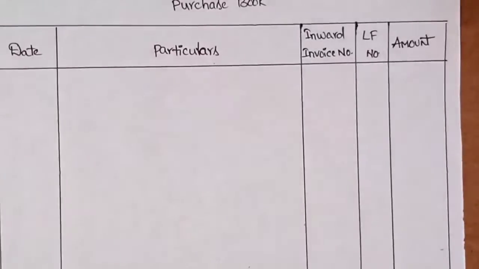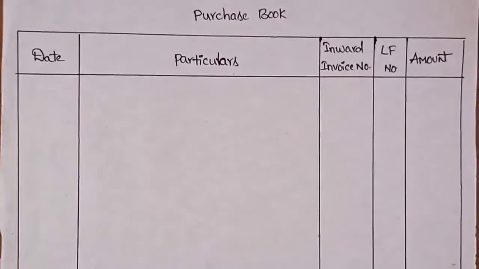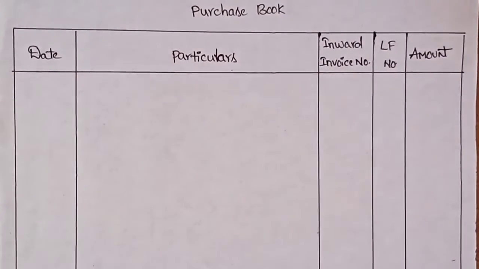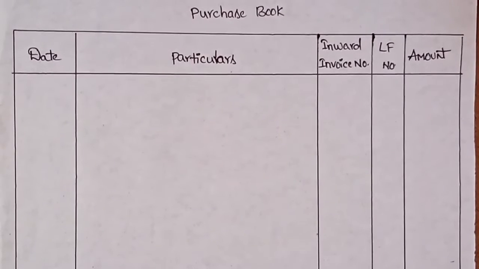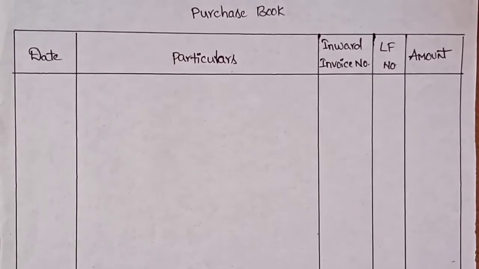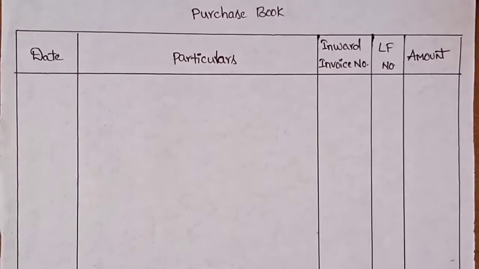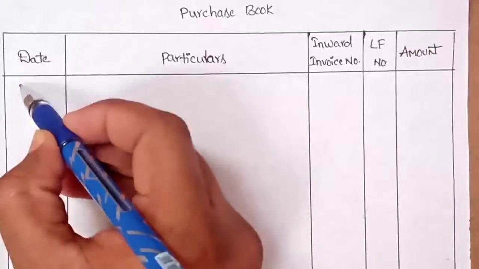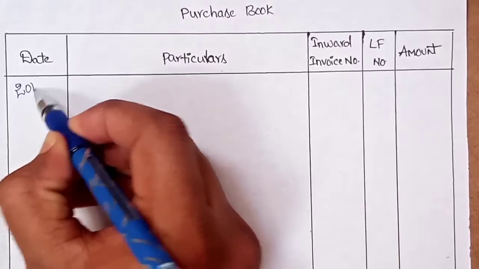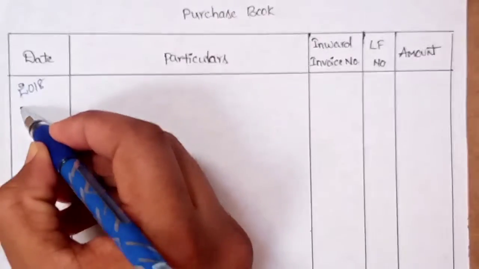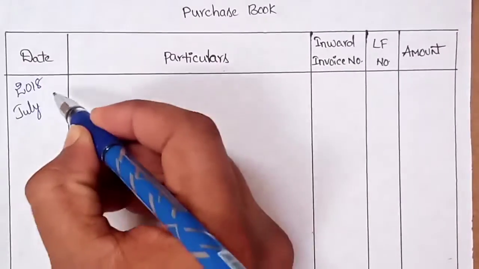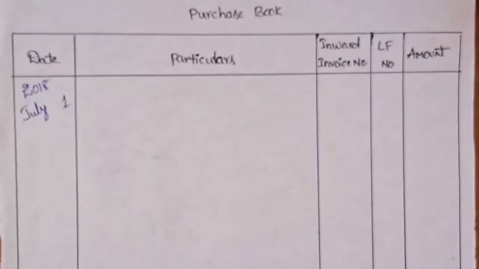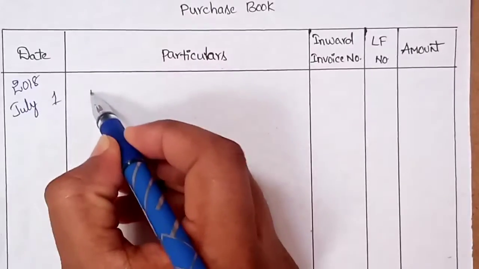Next, first we should record the purchase book. The format of purchase book is date, particulars, inward invoice number, LF number, amount. First, 2018 July 1st, supplier name is Mohan.